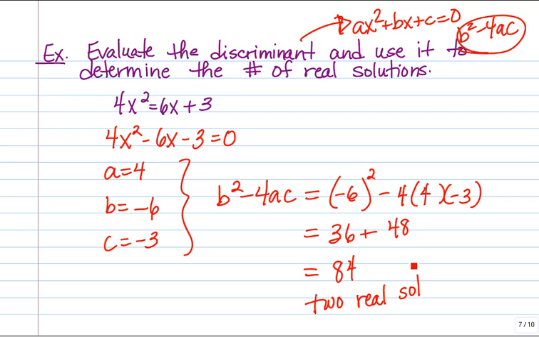So which one would it be? The way you know that is 84 a perfect square? No, 81 is a perfect square, right? No, it's 9 squared. 10 squared is 100, so 84 is not a perfect square. So that tells me that those solutions are going to be irrational.